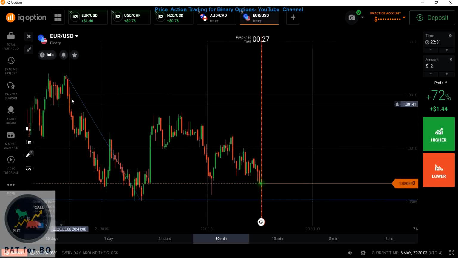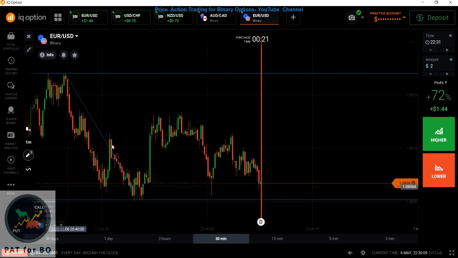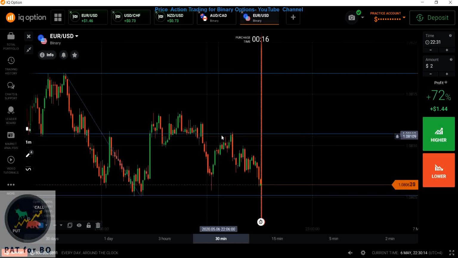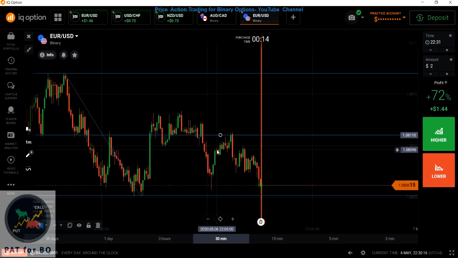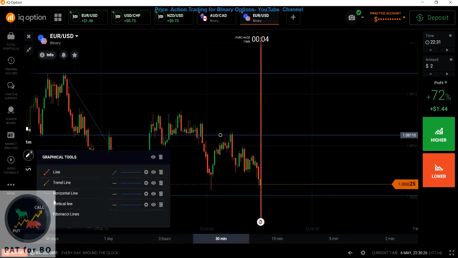You can see this is your baseline and my center point is here. Simple. If you're not able to draw these three lines properly, then you can use something called Fibonacci.